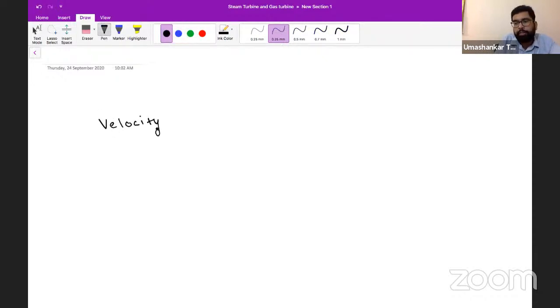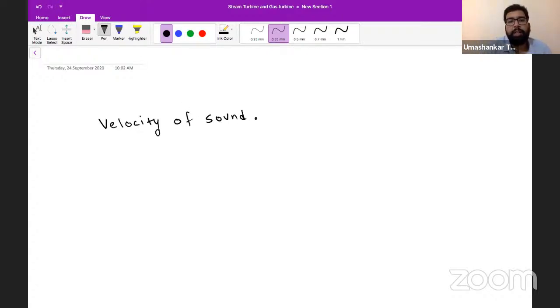We have seen why we need to use velocity of sound in the analysis of flow through nozzles in the steam turbine, and in what conditions compressible flow comes into the picture.